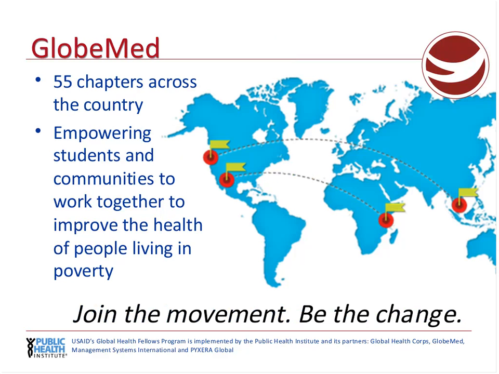So to tell you a little more about GlobalMed, GlobalMed is a student-run organization with 55 chapters at colleges and universities across the country. What GlobalMed does is partner each chapter with a community partner in Africa, Asia, Latin America, or the United States. And these community partners are grassroots health organizations whose leaders are really grounded in their communities.